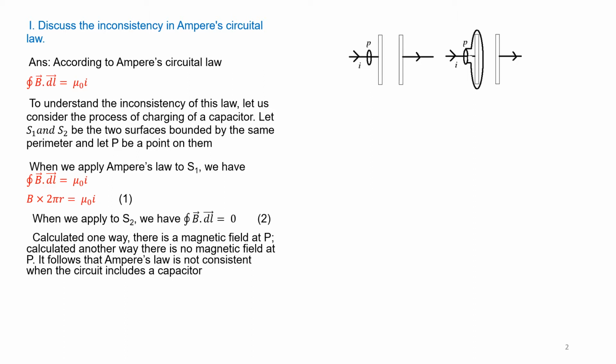Calculated one way, there is a magnetic field at point P. Calculated in another way, there is no magnetic field. That is, in equation 1 it is mu naught I, in equation 2 it is 0. It follows that Ampere's law is not consistent when the circuit includes a capacitor.